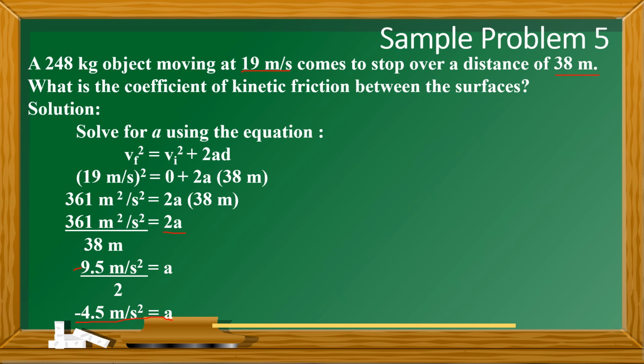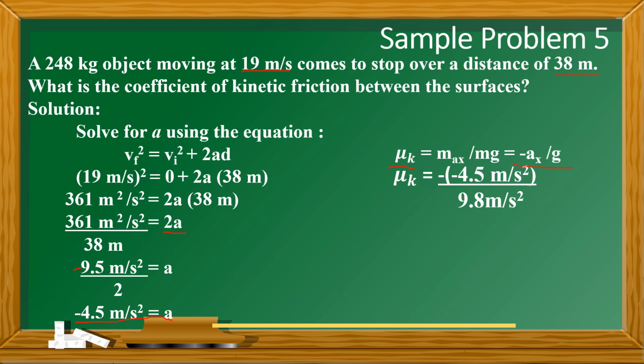Now that we have computed the value of acceleration, let's move on to computing the coefficient of kinetic friction by using the formula. The coefficient of kinetic friction is equal to negative acceleration divided by gravity. So our acceleration is negative 4.5 meters per second squared divided by our gravity, which is 9.8 meters per second squared. So negative 4.5 divided by 9.8, the coefficient of kinetic friction would be 0.46.